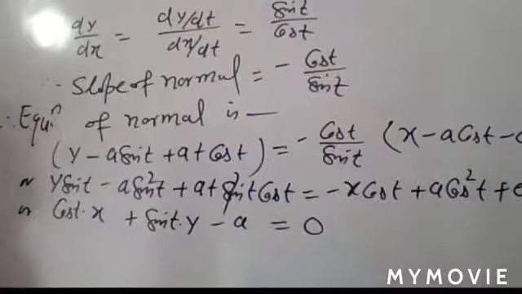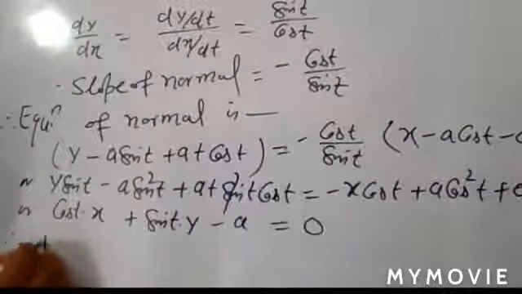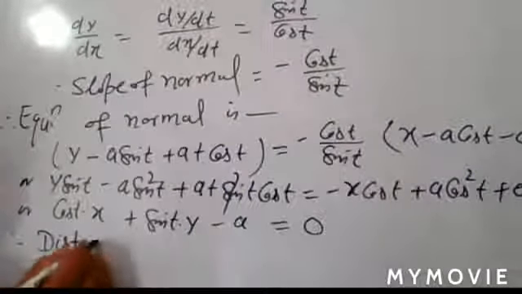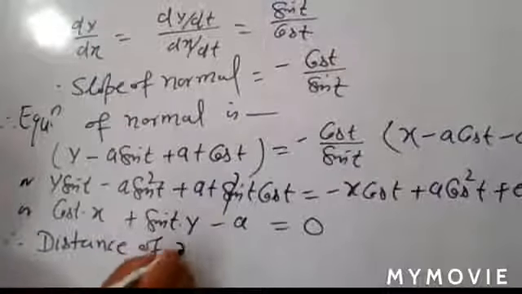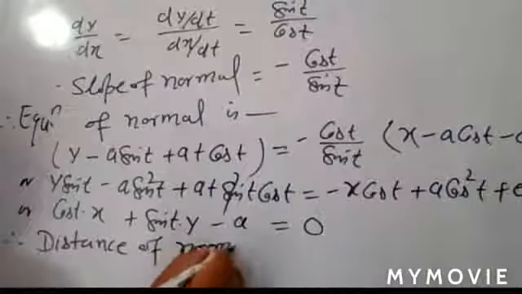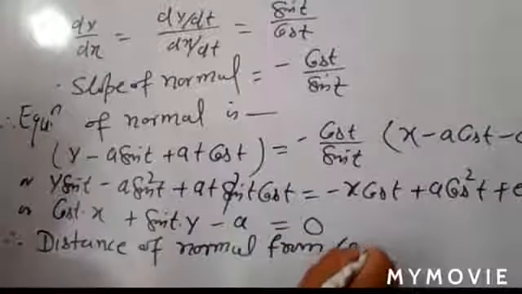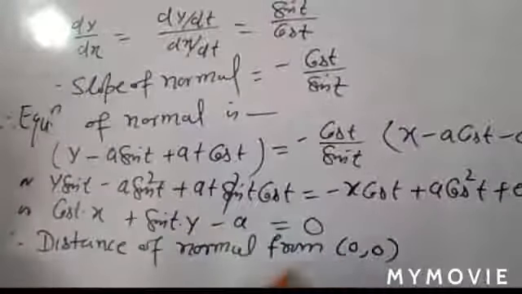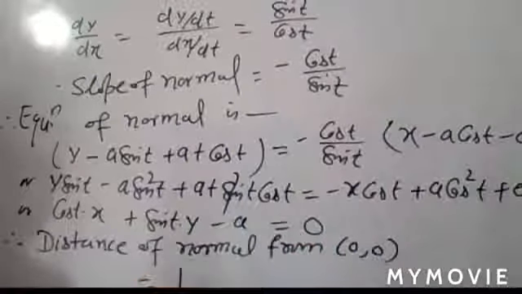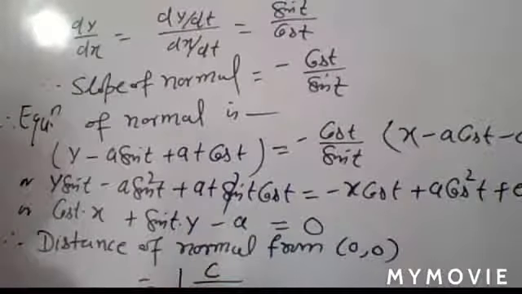So here you apply it. Hence, the distance of the normal from the origin is equal to, first you write your formula, mod of c upon under root a square plus b square. Here you put its values.